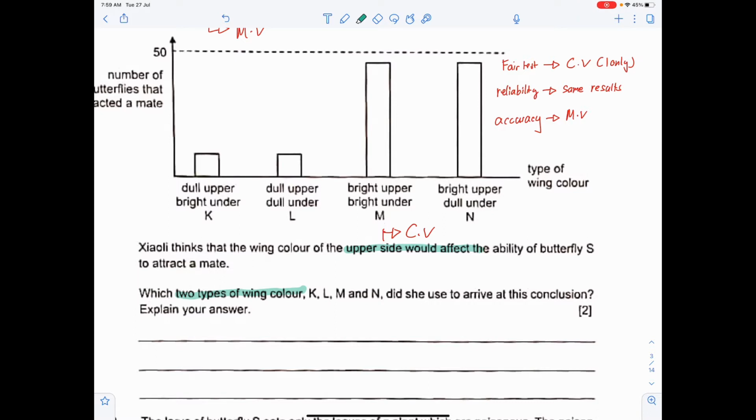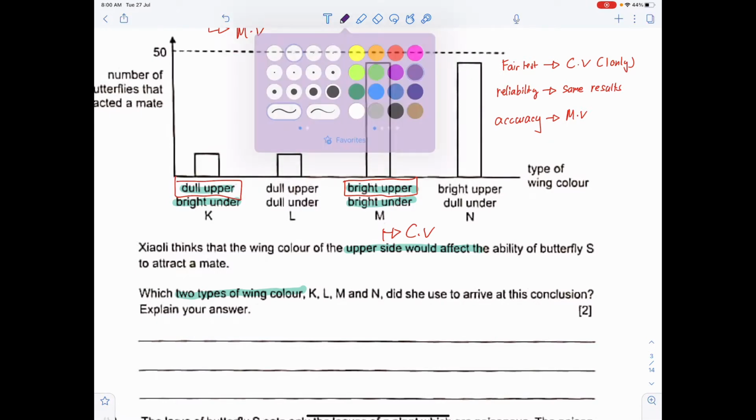Either you have K, whereby you have a dull upper and bright under, together with M, a bright under but a bright upper as well. So can you see that this is different, but this is the same?